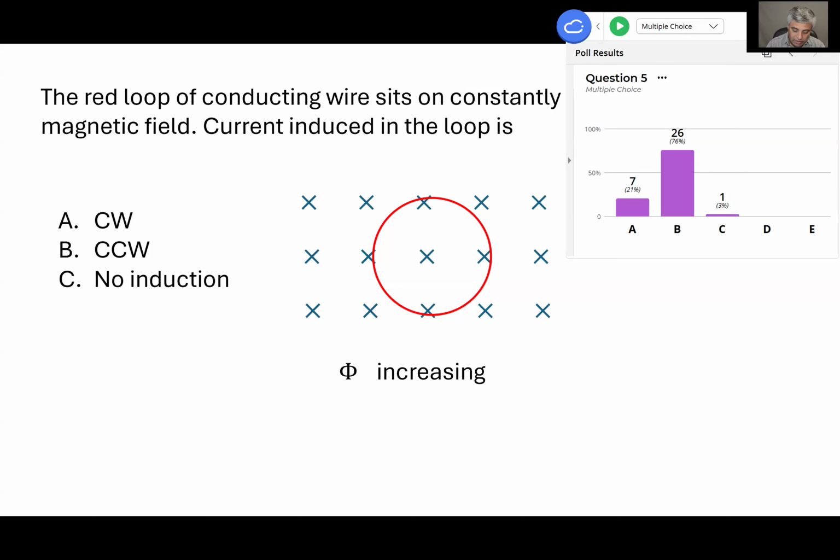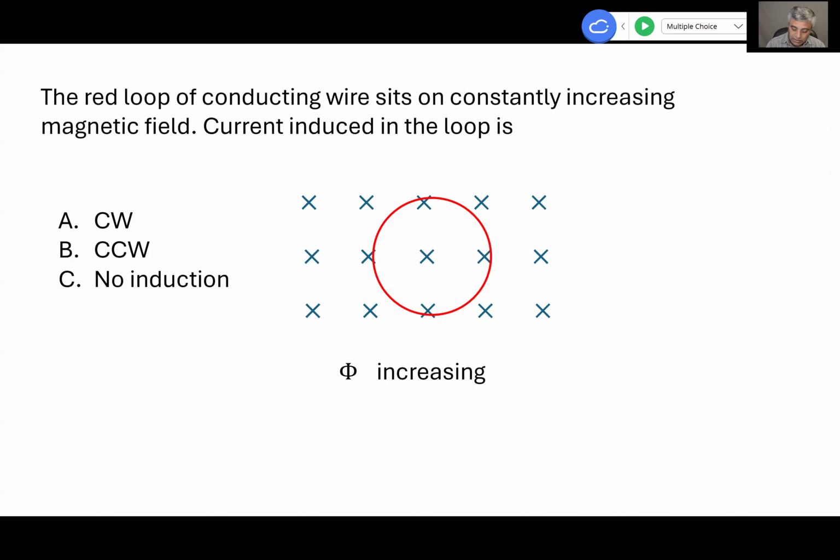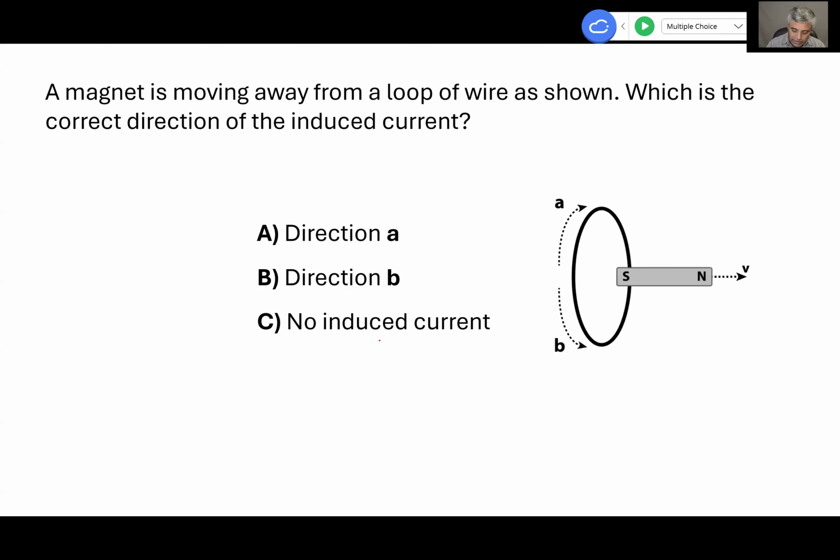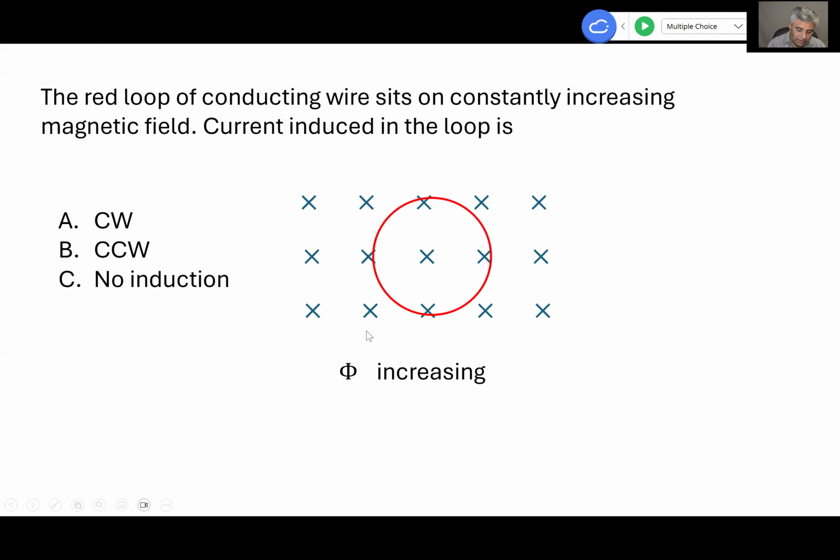So mostly counterclockwise. So here flux is increasing, flux changing means there is going to be induction. So now it has to be, see, it's increasing. So to oppose that, the magnetic field has to be coming out of the screen. Which one? B induced has to be coming out there.